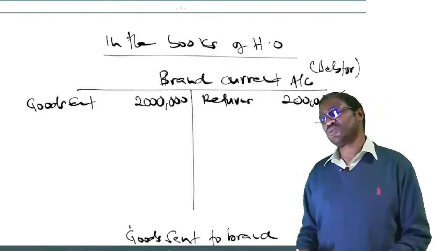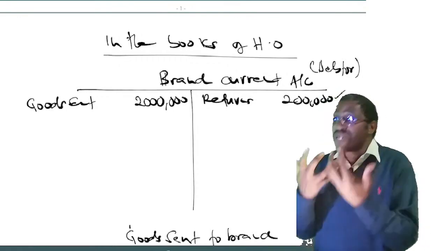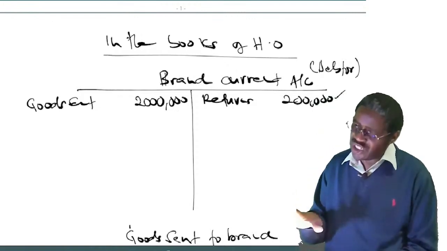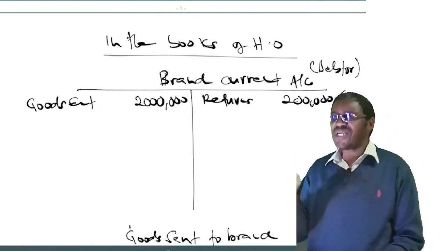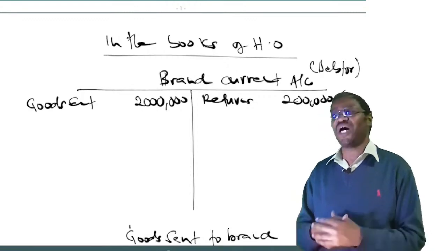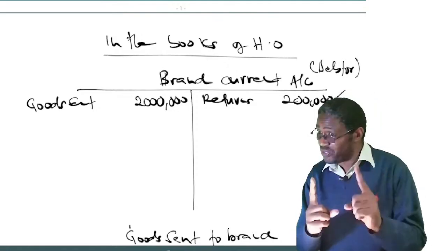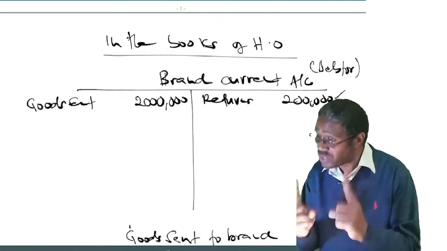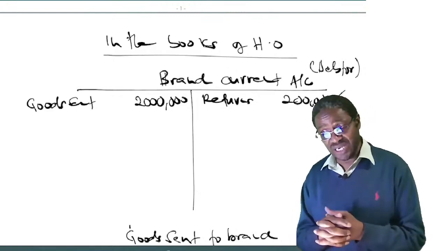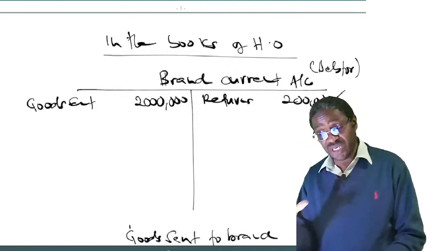Then I told you, in the books of the head office, they will open an account called branch current account, while in the books of the branch, they will open an account called head office current account. The other key point we have said: to the head office, the branch is like a debtor, while to the branch, the head office is like a creditor.